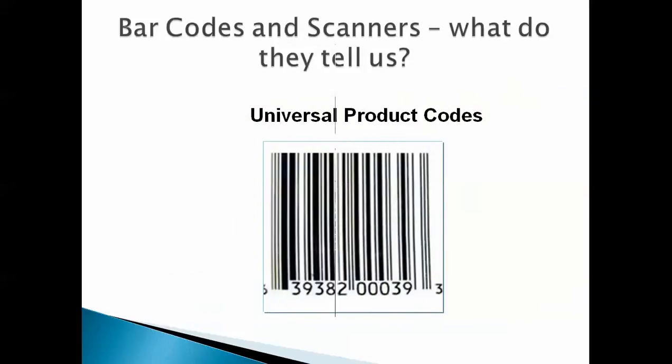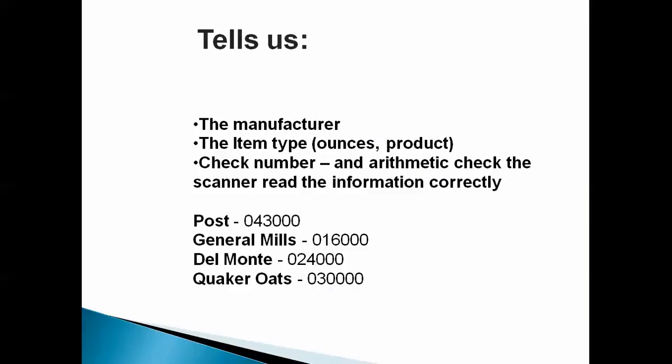Well, some of you might be saying, well, we've got barcodes and scanners. Aren't they going to tell us which products? Well, that's true. We do have barcodes which are on many of the items in our stores. But what do they actually tell us when they're scanned? Well, they'll tell us who the manufacturer was. It will tell us the item type, things like ounces, the product, and such.